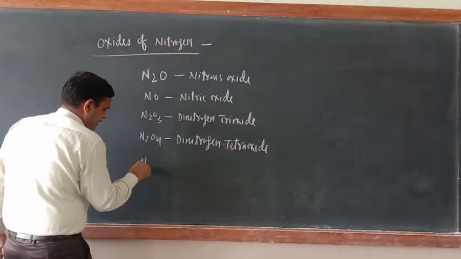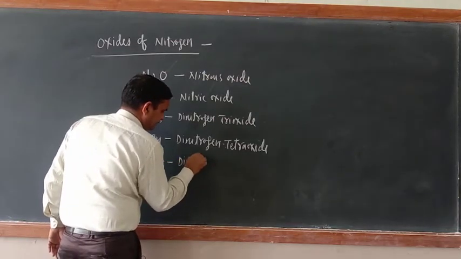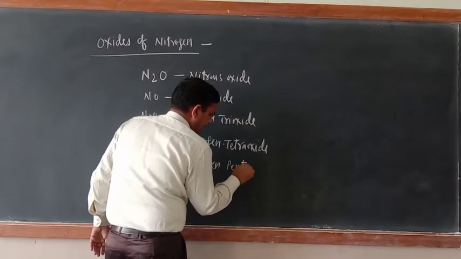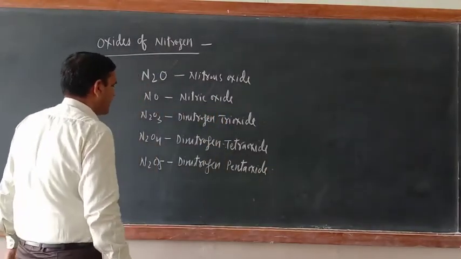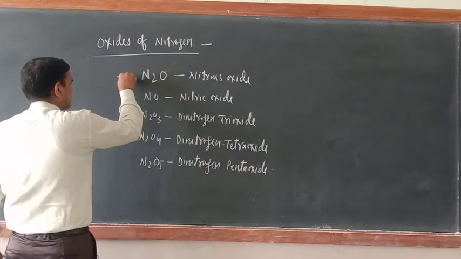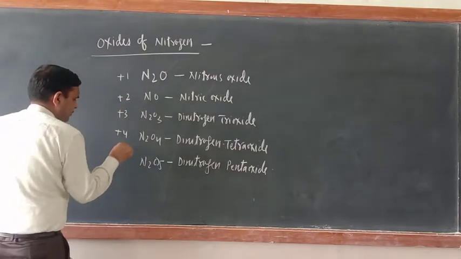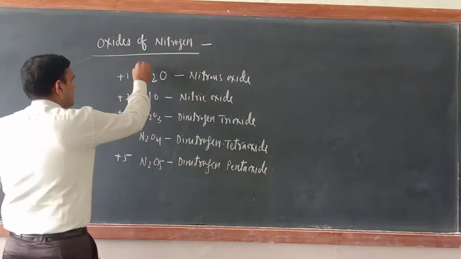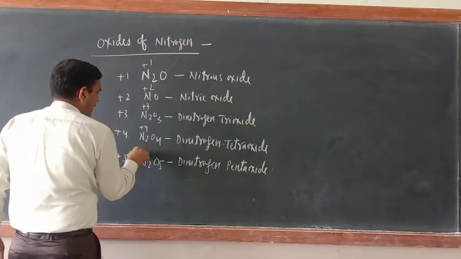Next one is N2O5, that is dinitrogen pentaoxide. Okay, as far as the oxidation state is concerned, this is +1, this is +2, this is +3, this is +4, this is +5. You can indicate here also +1, +2, +3, +4 and +5.